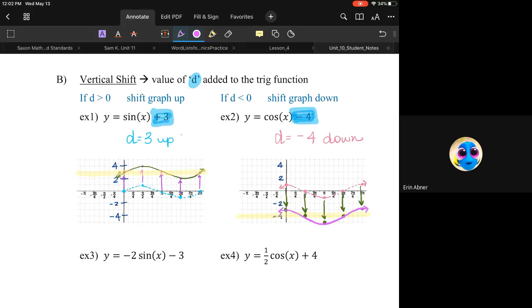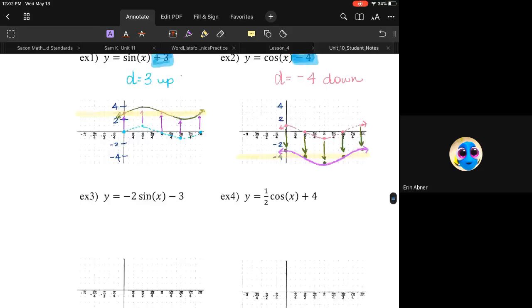Notice that since I shifted everything down, my new zero line is that highlighted orange line, and the graphs look the same.